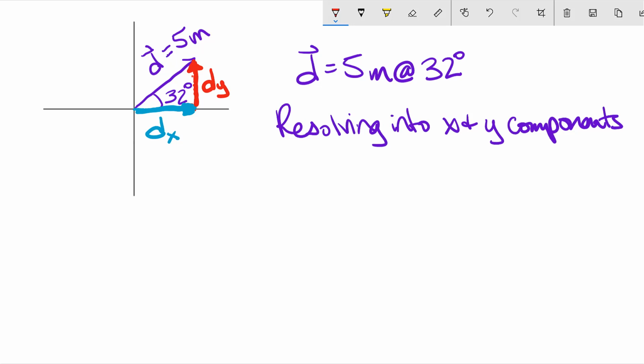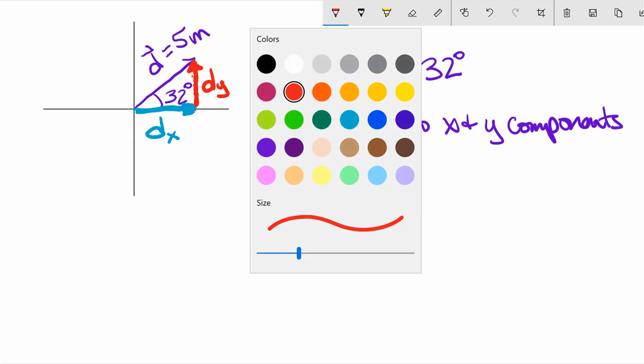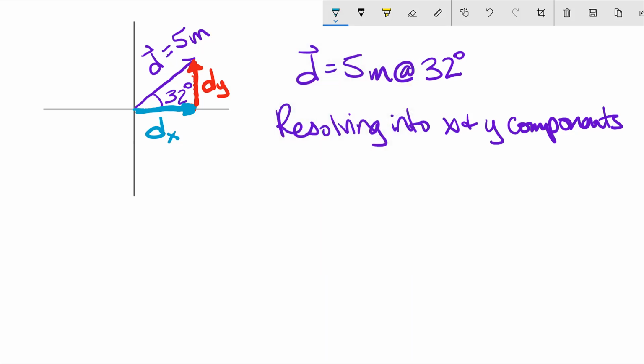So this looks like those right triangles that we were talking about in the math skills section in Unit 1. How can we find the length of these two legs of the triangle? Change back to blue. We're going to use this blue color for x. Let's look at dx right here. This is adjacent to 32. We know the hypotenuse right here is 5 meters.